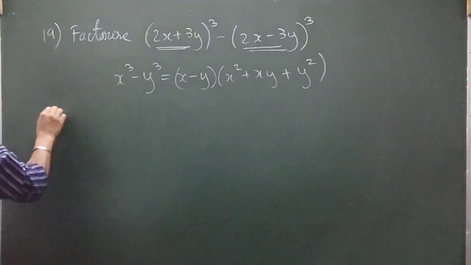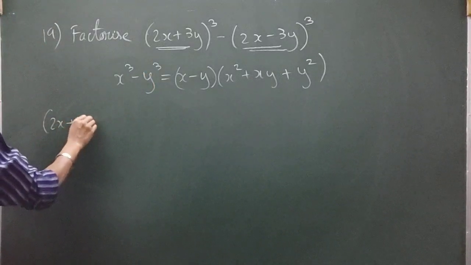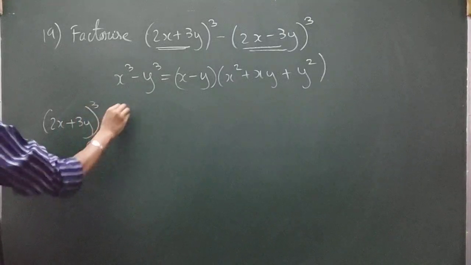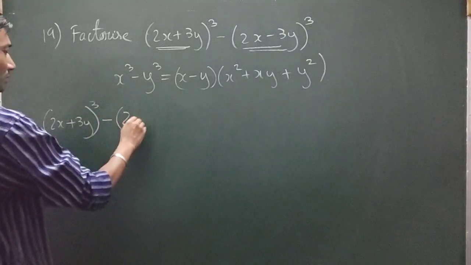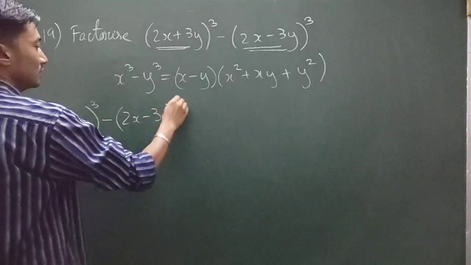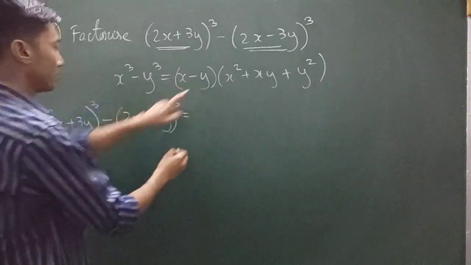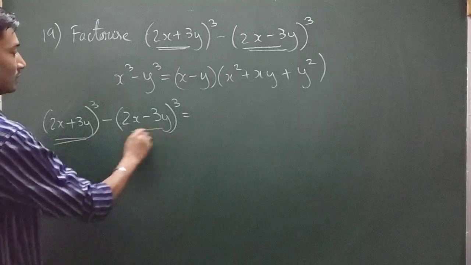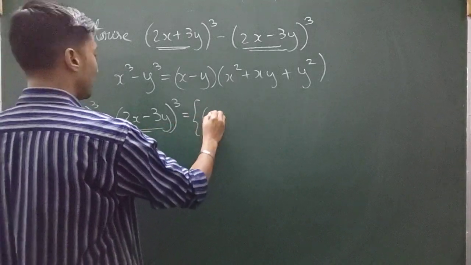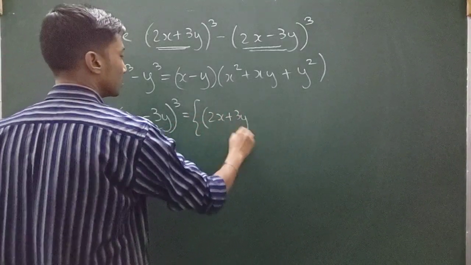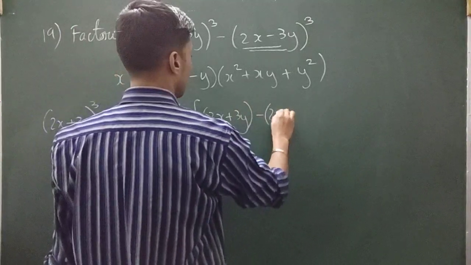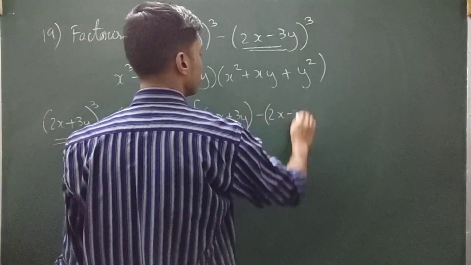Then I'll just start using that. Otherwise you can expand a minus b whole cube also. You can do that also if you wish. We'll be using this x minus y. What is x? This value. What is y? This value. So of course I'll use brackets. Brackets are very important, so learn how to use your brackets properly.